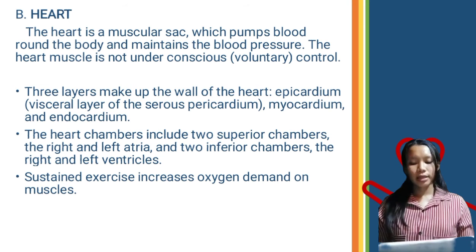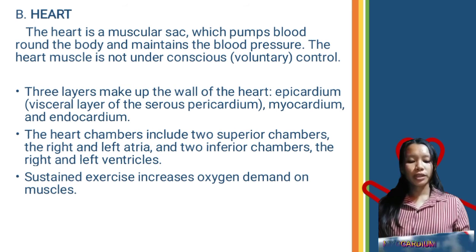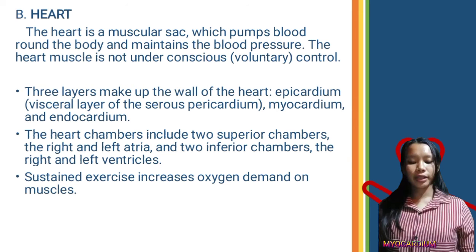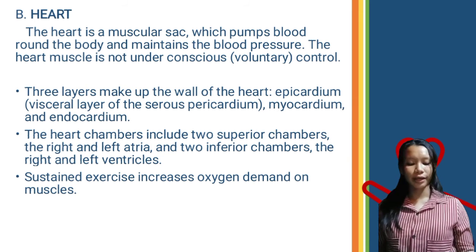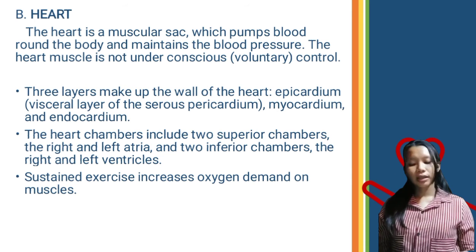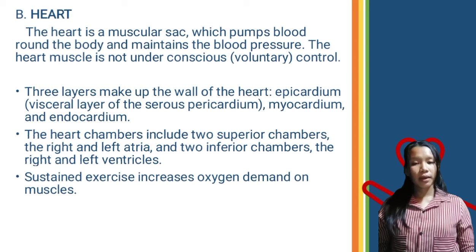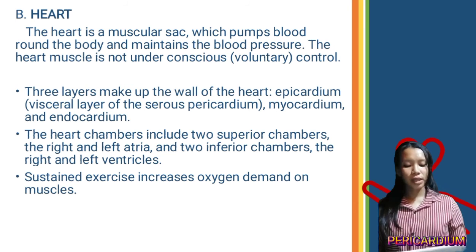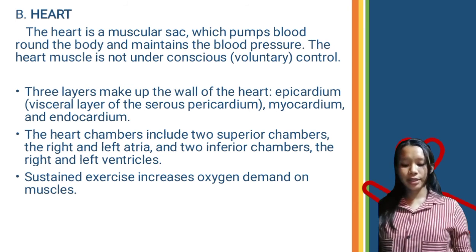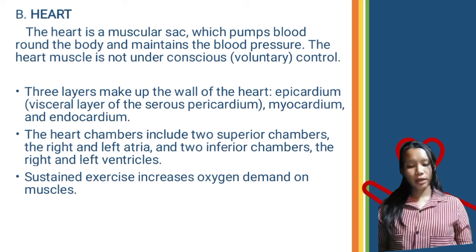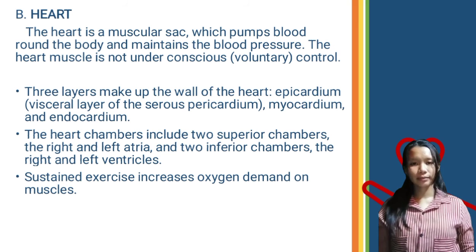Next is the myocardium, which is the middle layer, the muscular wall of the heart. The third is the pericardium. This is the outer double-layered fibrous sac which covers the heart.